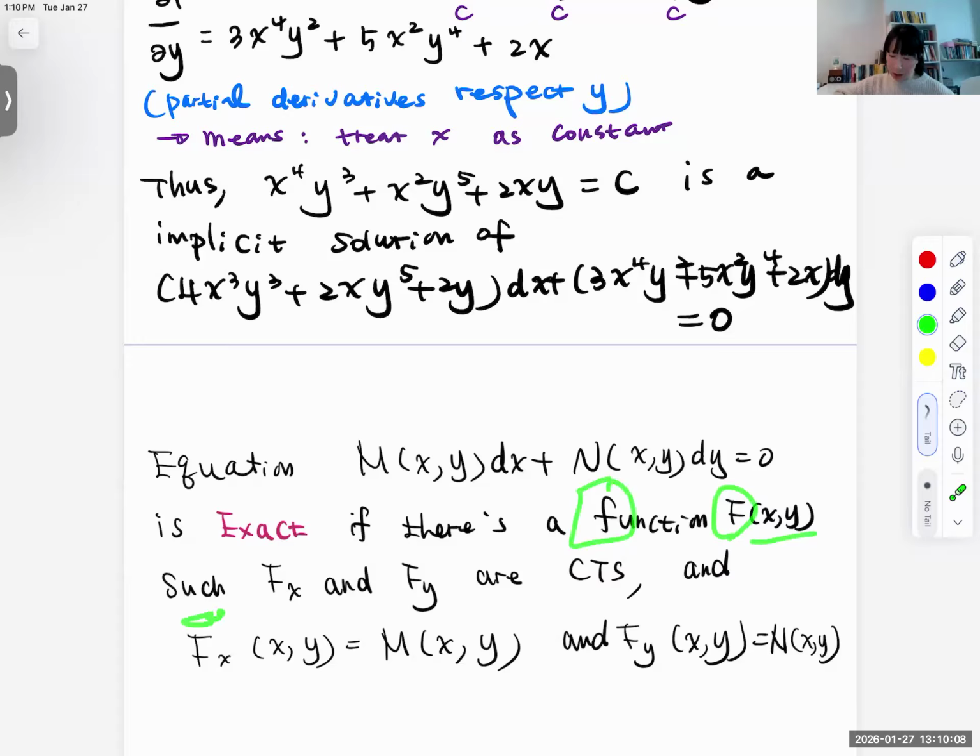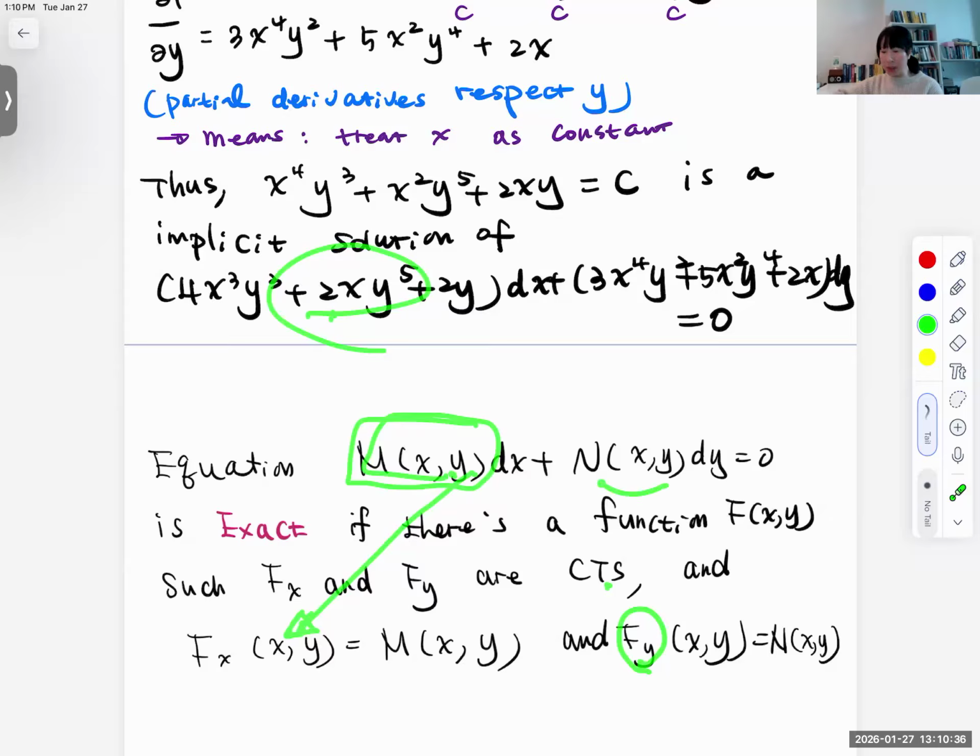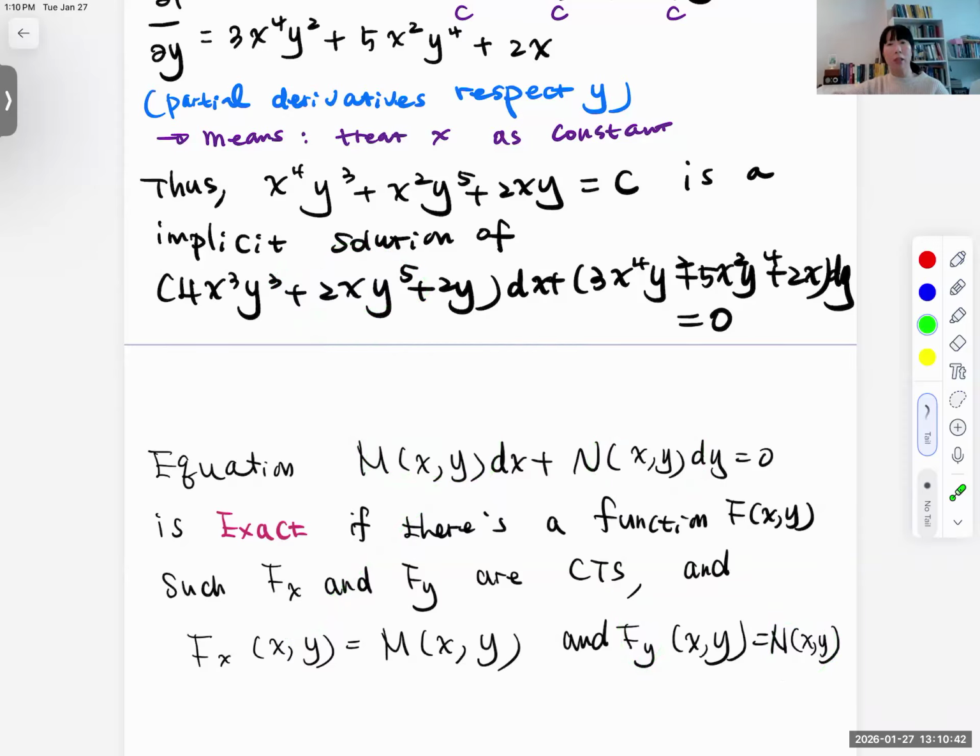Such that the partial derivative exists and then continuous. Then that first term match with the partial derivative with respect to x, like what we did here, right? And the partial derivative with respect to y match with the second term, right? Then we called exact. So exact equation. All right. It's a terminology.